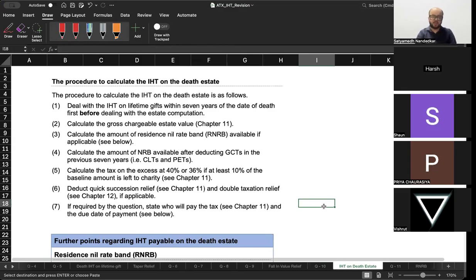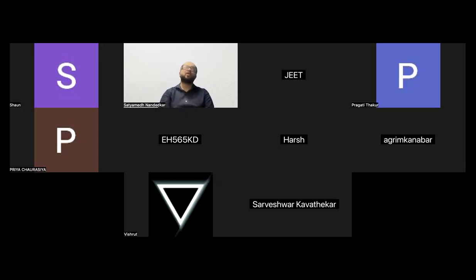Before dealing with the estate computation, calculate the gross chargeable estate value, calculate the amount of RNRB, calculate the amount of NRB, calculate the tax on excess at 40% or 36%, deduct QSR and DTR, and then you have the IHT on death estate.